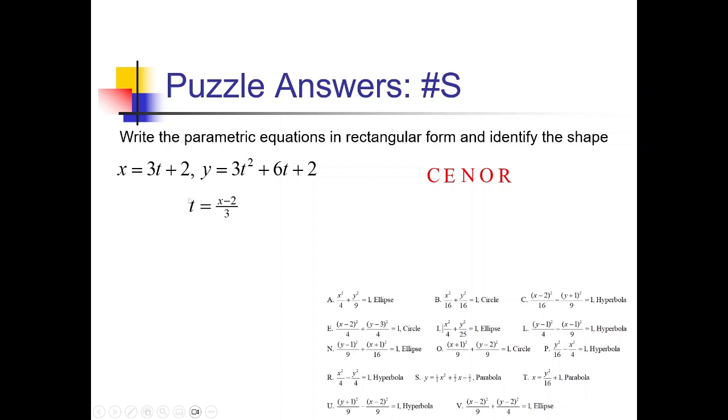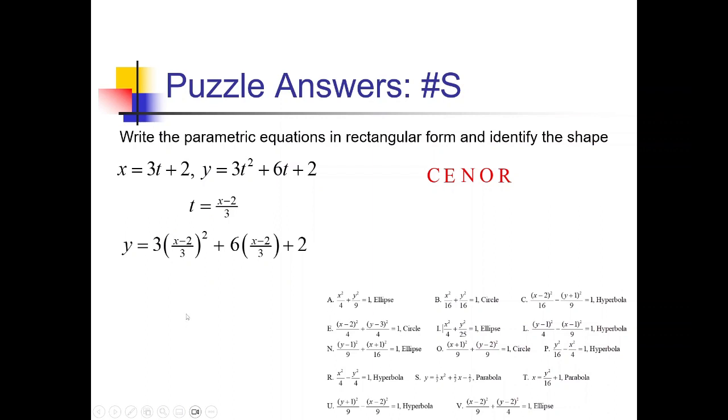And now I'm going to replace t in the y equation with x minus 2 over 3. So I'm going to write y equals 3 parentheses x minus 2 over 3, quantity squared, plus 6 times all that stuff. And then I have that 2 at the end along for the ride.